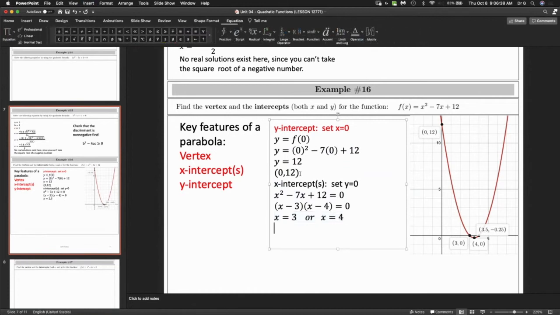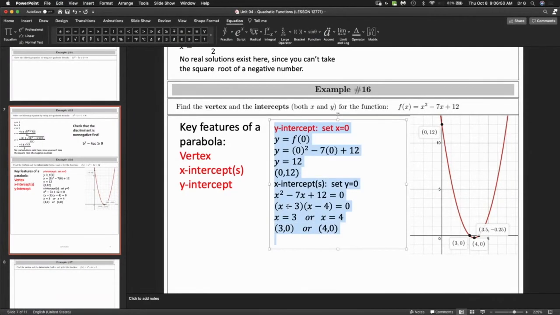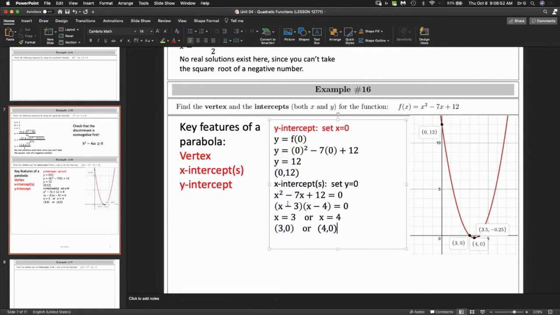So the two solutions are (3, 0) and (4, 0). I'm just going to put "or" because I don't want to confuse anybody with the logic of the solution method earlier.